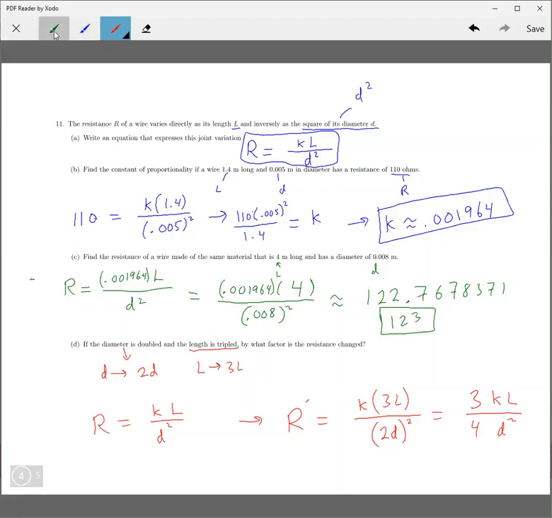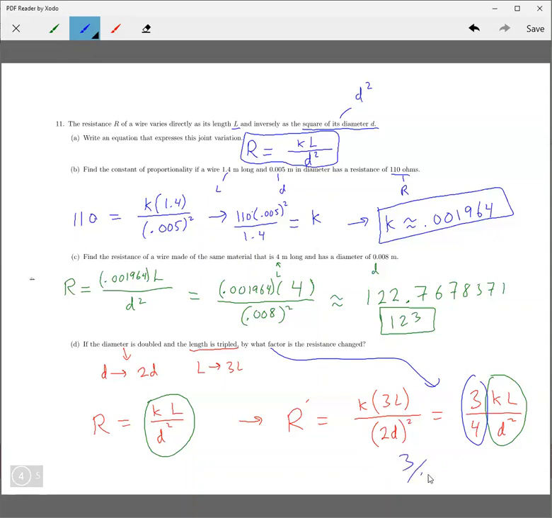Notice that the original resistance is right there. So that means that the factor it's changed by is the other part right here. So 3/4 is the answer.